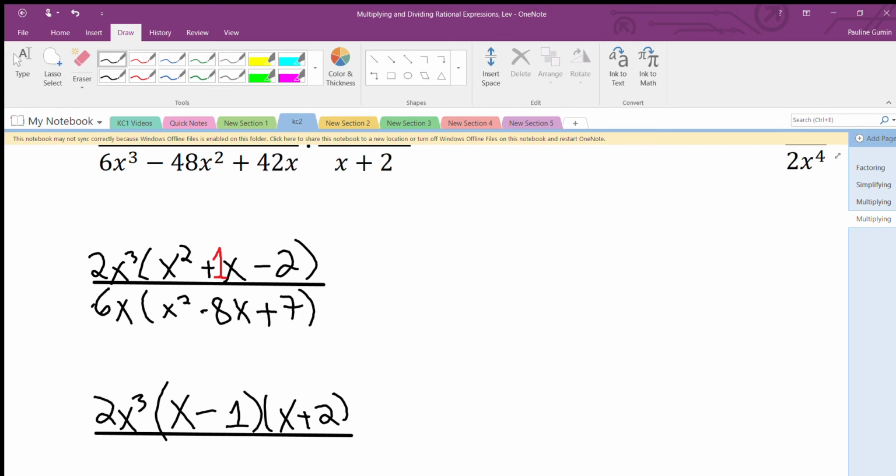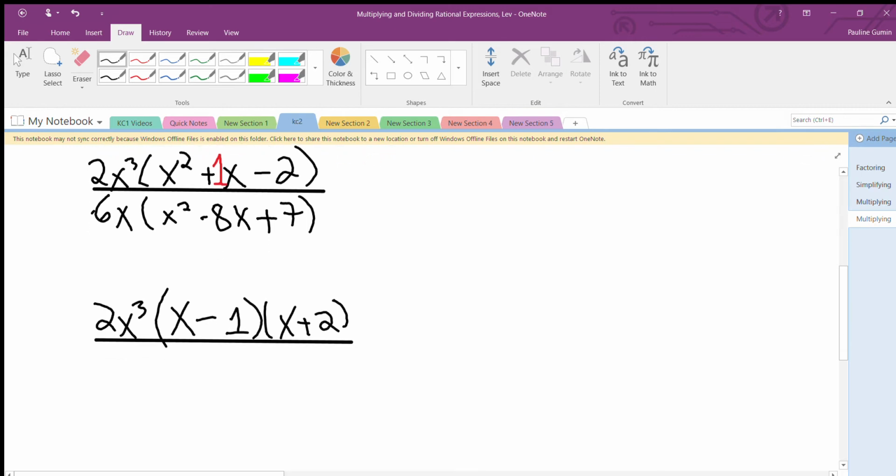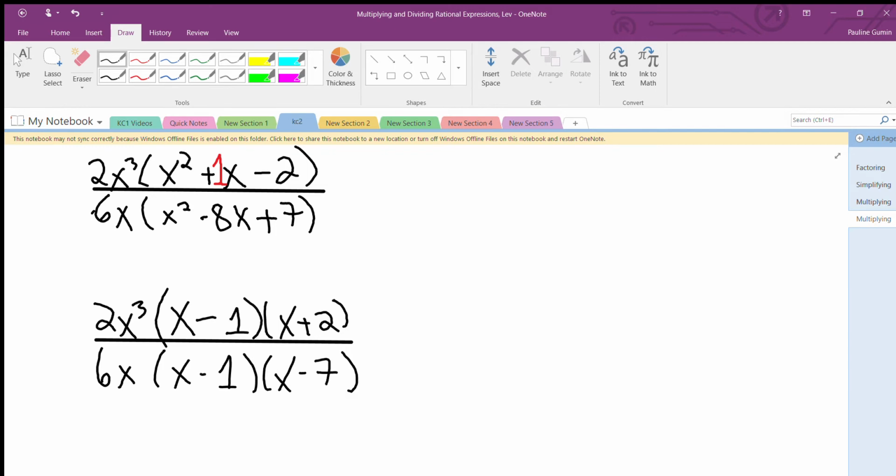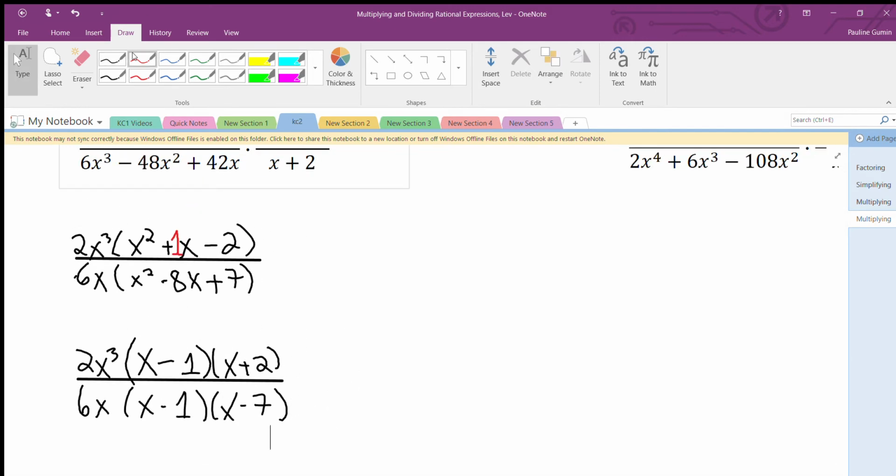Let's see if we can take it further. Are there two numbers that multiply to give us +7, and when we add them, we get -8? Why, yes, there are. Those two numbers are -1 and -7. Ooh, I already see what I'm going to cross off, but I'm going to keep myself composed, and we'll move on to the second fraction.